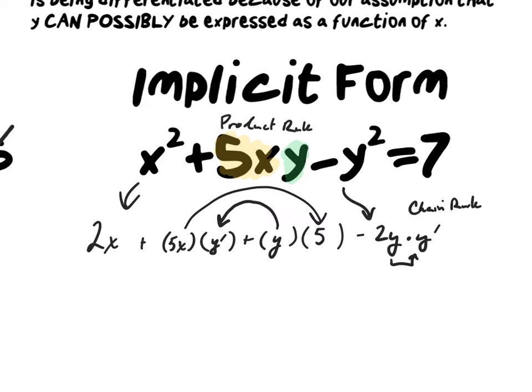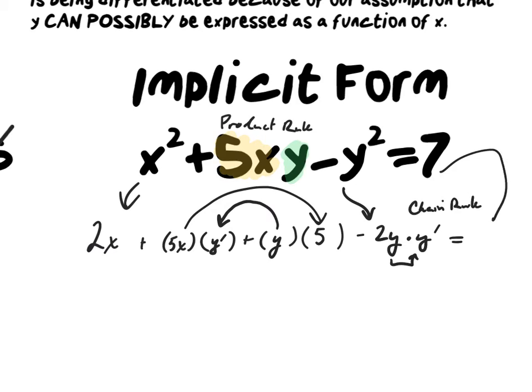And remember, you apply the chain rule when you're taking a derivative of y, because the problem itself is with respect to x. So as long as it's with respect to x, you can go directly in without having to use a chain rule. But once you run across the y, then you do have to apply the chain rule at that moment in time.